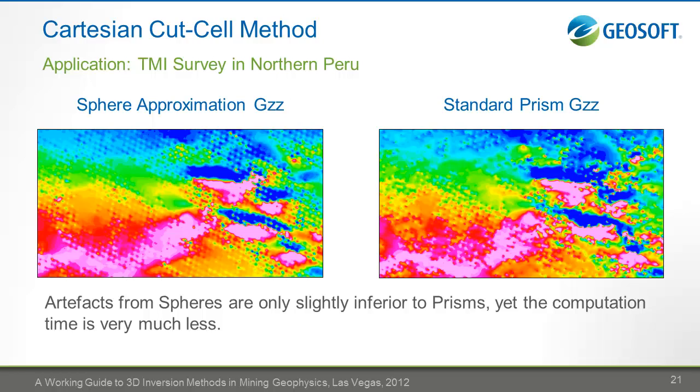However, both are severely contaminated by artifacts, and the computations for the prism responses are very much more time-consuming than spheres. So it seems reasonable to say that using prisms is not really computationally effective, because they're still contaminated by so much modeling error.